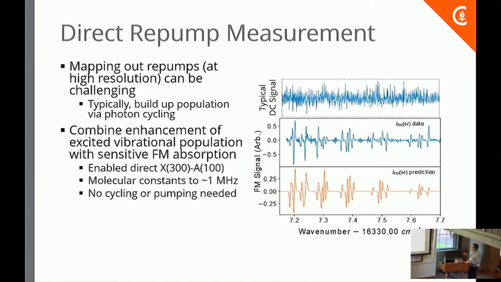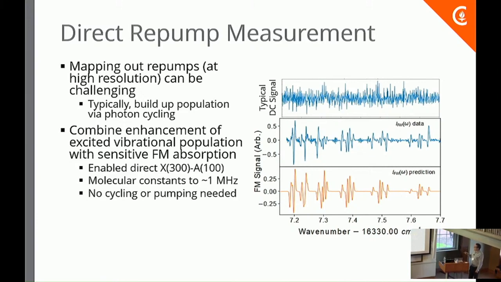You heard something similar yesterday with barium fluoride. So we combine the fact that we get quite a bit of excited vibrational population due to this chemical enhancement with a very sensitive FM absorption method, so we could measure with pretty high signal to noise.